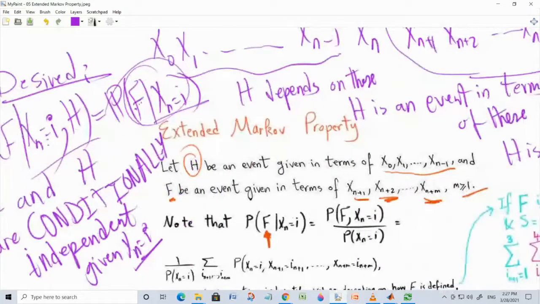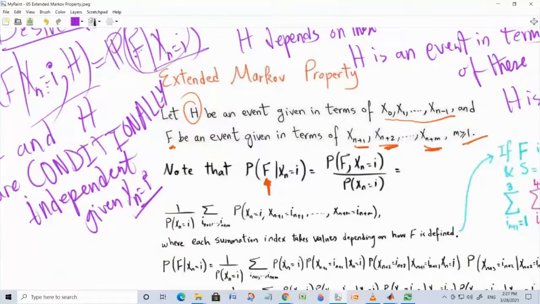Okay, so the probability of F given that x of n is equal to i, by Bayes' rule, is the probability of F comma x of n is equal to i over the probability that x of n is equal to i. And then you want the law of total probability.